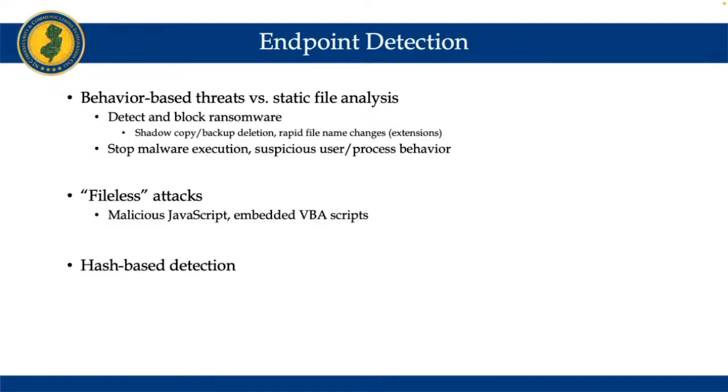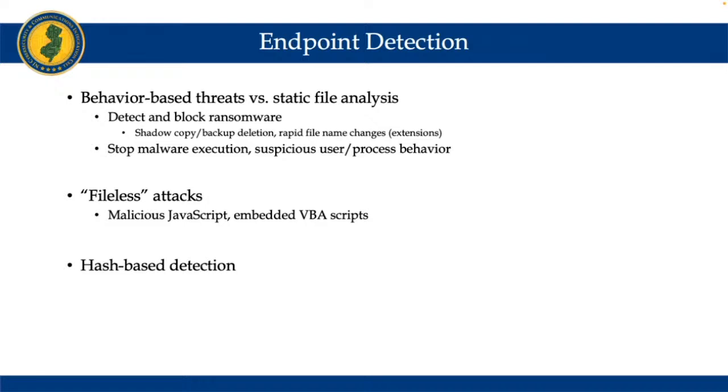So for example, if a malicious file or malicious process or executable is exhibiting behaviors related to ransomware, including, let's say, shadow copy backup deletion, rapid file name changes where files are getting encrypted, this activity would be detected and prevented.